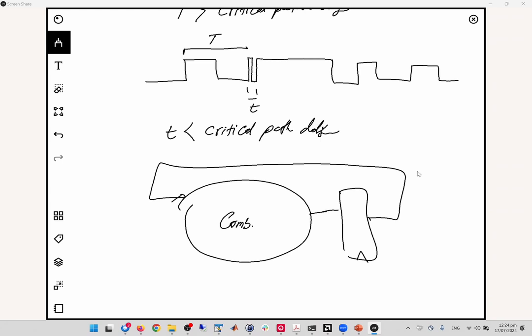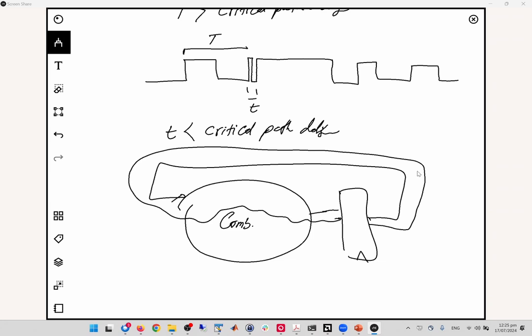And what does it mean? The critical path delay, for example, is the path from here to here again. And then for some inputs, some state of the circuit, the output of this combinational circuit is already ready to be stored in the register. But some of them need longer time.